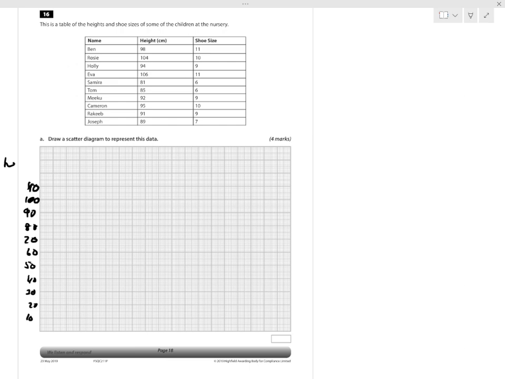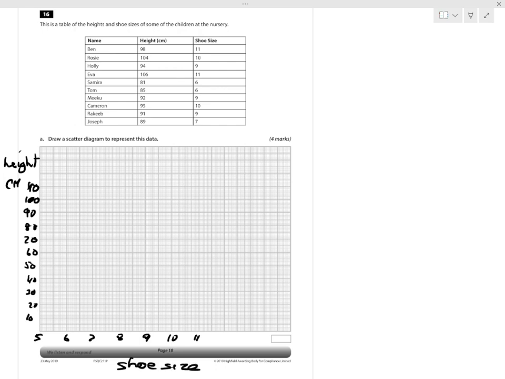Right, so this is height in centimeters, and shoe size goes from 6 up to 11. So we don't need to start here. So 5, 6, 7, 8, 9, 10, 11. So this is shoe size.